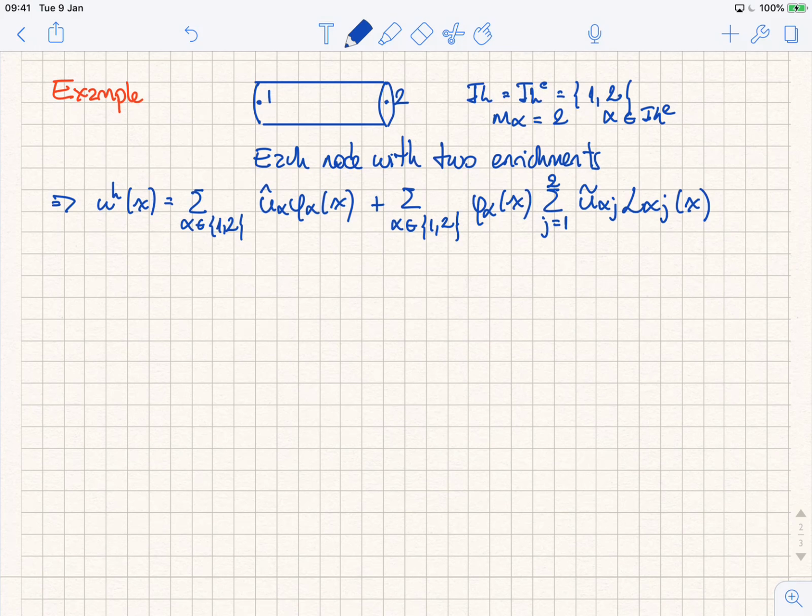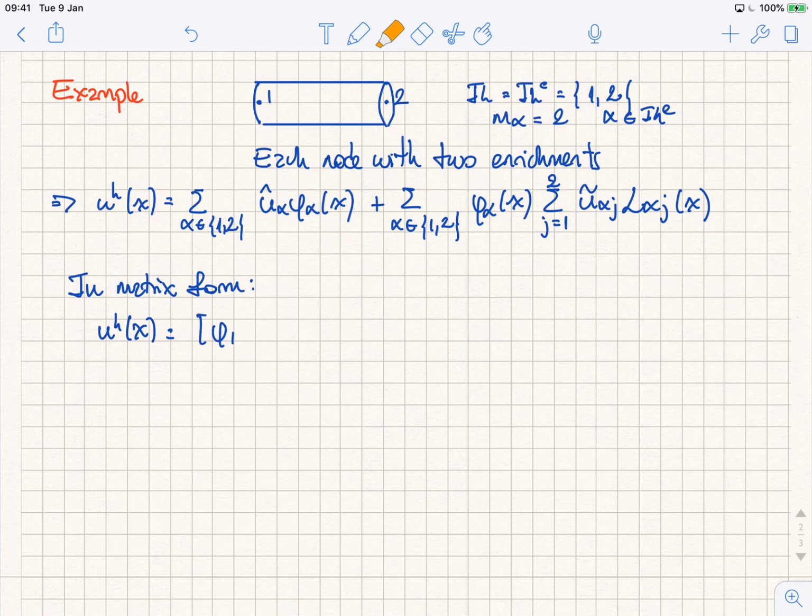So if we expand this, let's try to write this in matrix form, right? Let's expand this. You can say, well, if you just take into account first all the left part, so everything that deals with the first shape function, you have the partition of unity shape function. That is basically going to be this term here.